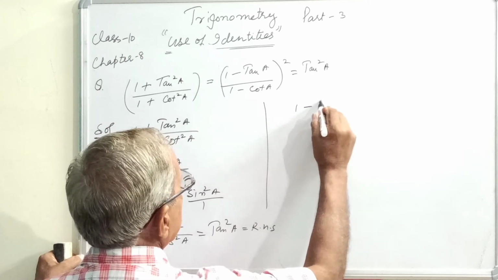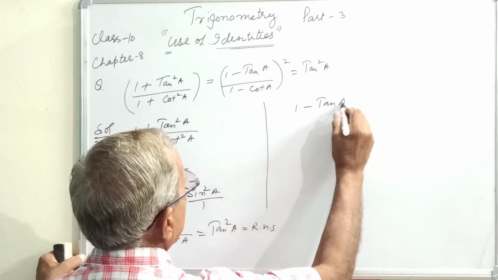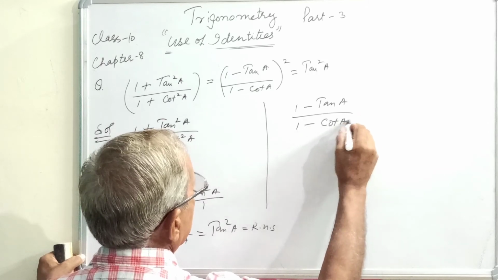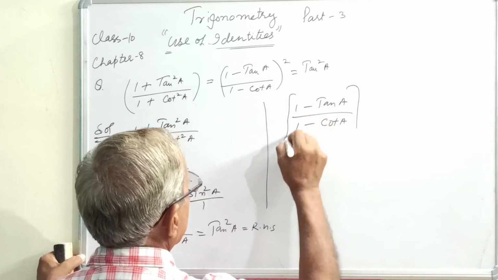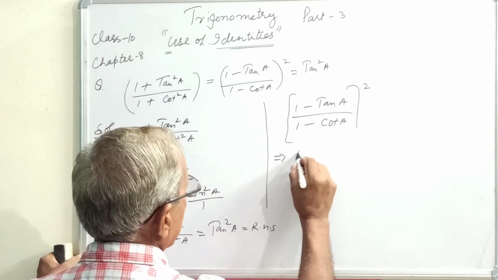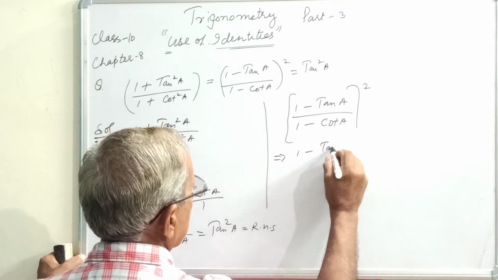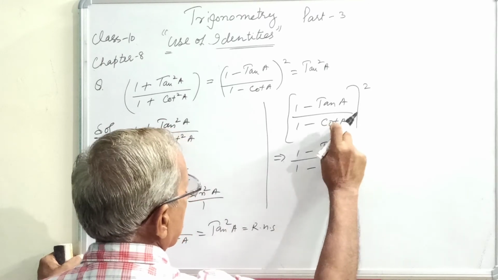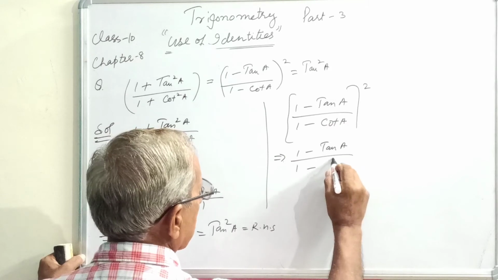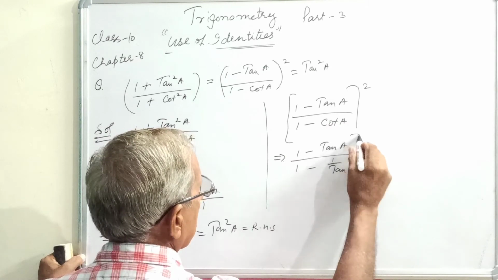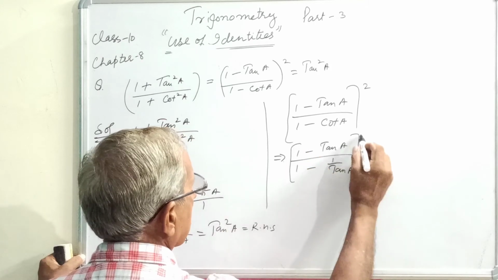1 minus tangent A upon 1 minus cotangent A whole square. So 1 minus tangent A upon 1 minus, change cotangent in terms of tangent. So 1 upon tangent A whole square.